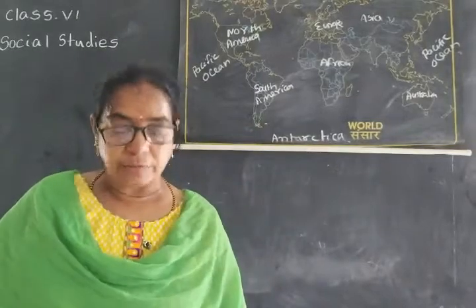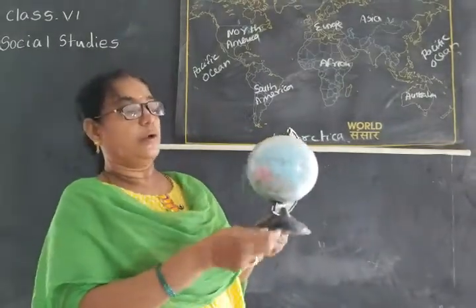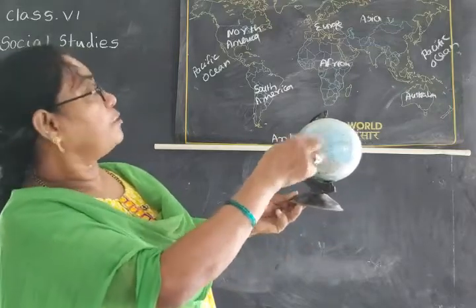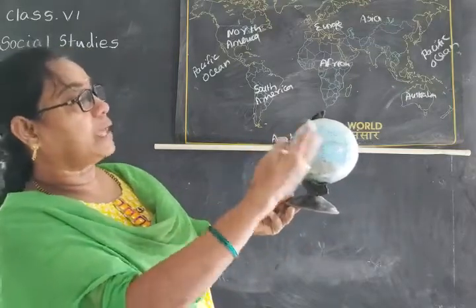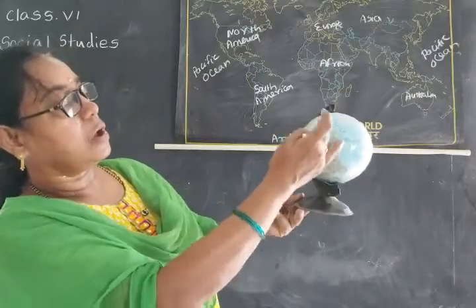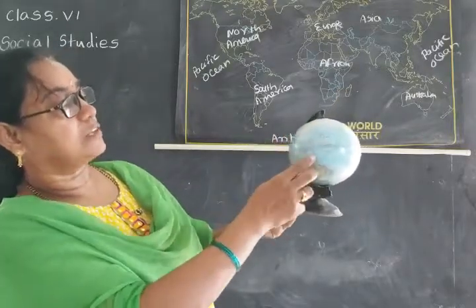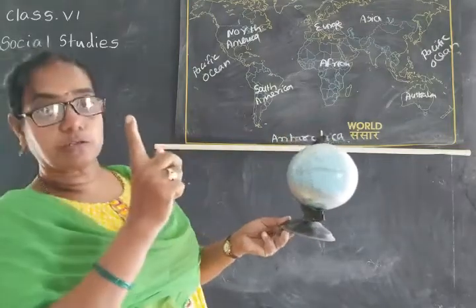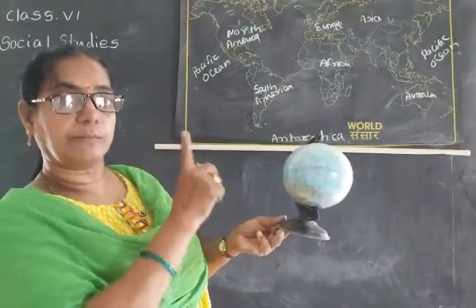The earth is the shape of a globe, and you can see the Pacific Ocean here. If you want to make it into a flat surface, they cut here and make it flat. That's why the Pacific Ocean appears on this side and that side. It is only 1 ocean, but in 2 places.